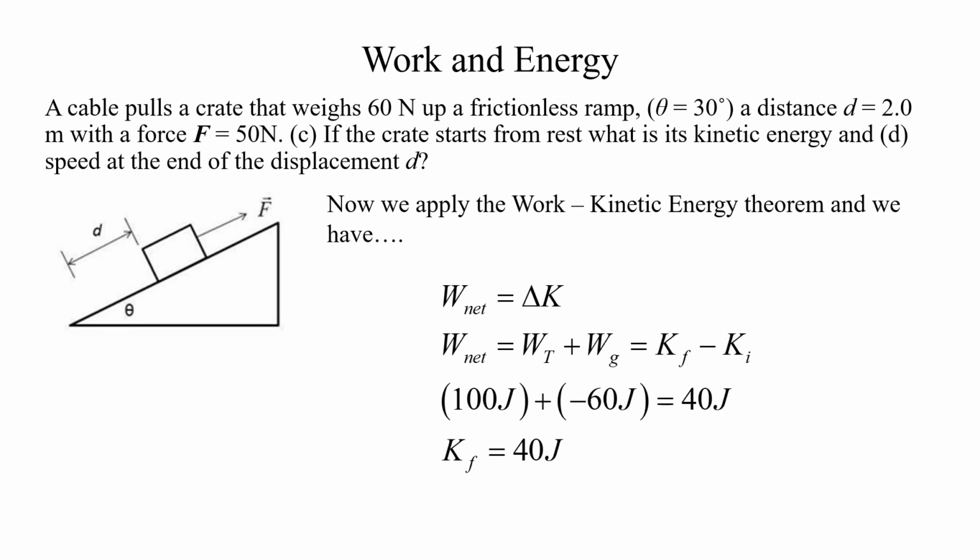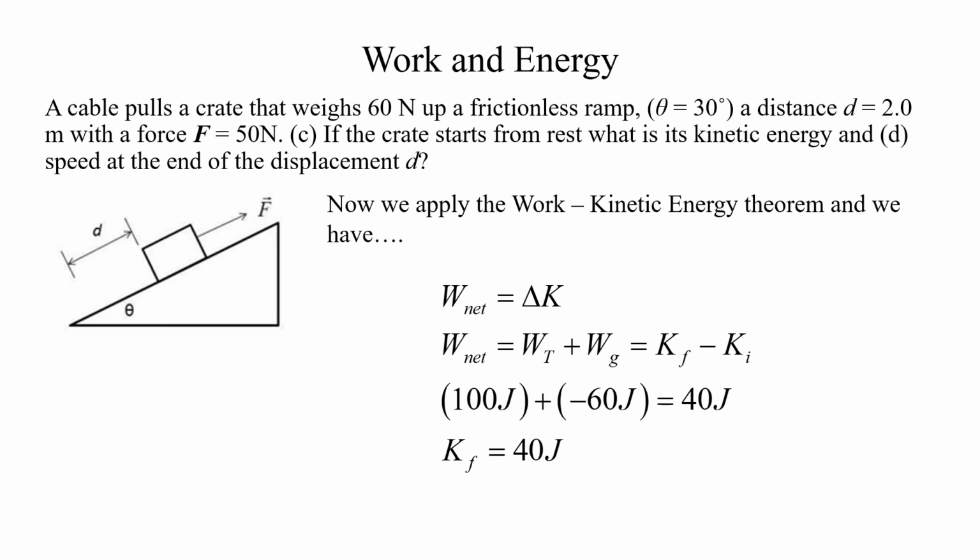All right, so now we want to find what is its kinetic energy after the displacement. So we apply the Work-Kinetic Energy Theorem. We have the net work equals the change in kinetic energy. The net work is equal to the work done by the tension in the cable plus the work done by gravity, and that's equal to the change in kinetic energy, which is the final K minus the initial K. The work done by the tension in the cable we found is 100 joules.